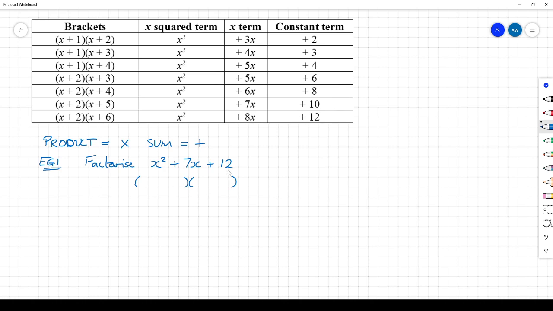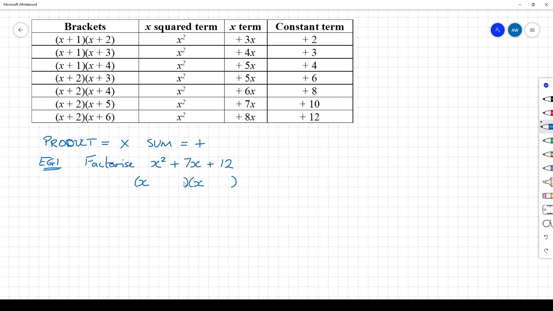When it's a typical quadratic, a squared term, a term to the power 1 and then a constant term. Right, so like I said above here, we know we need an x in the front of each of the brackets, otherwise I'm not going to get my x squared when I multiply those two brackets out. So x times x is x squared, so I know that. So all we have to work out are the two numbers that go with our x terms inside the bracket.